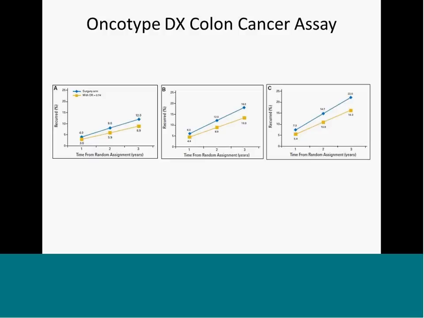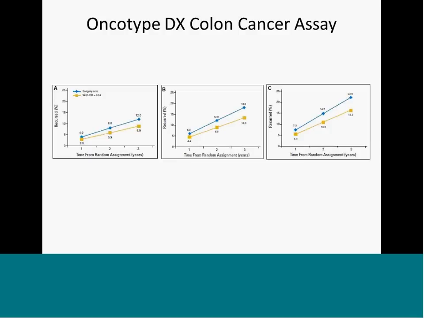If I order the Oncotype DX, most likely it's going to be low, and if I give you adjuvant chemotherapy, the absolute benefit is only going to be about 2%. Is that really worth it to you? Most patients will say, 2%, I don't want any adjuvant. However, some patients will say, are you really sure my risk of recurrence is only 12%? What if there's something in the biology that you don't know about? Can we order the Oncotype DX?